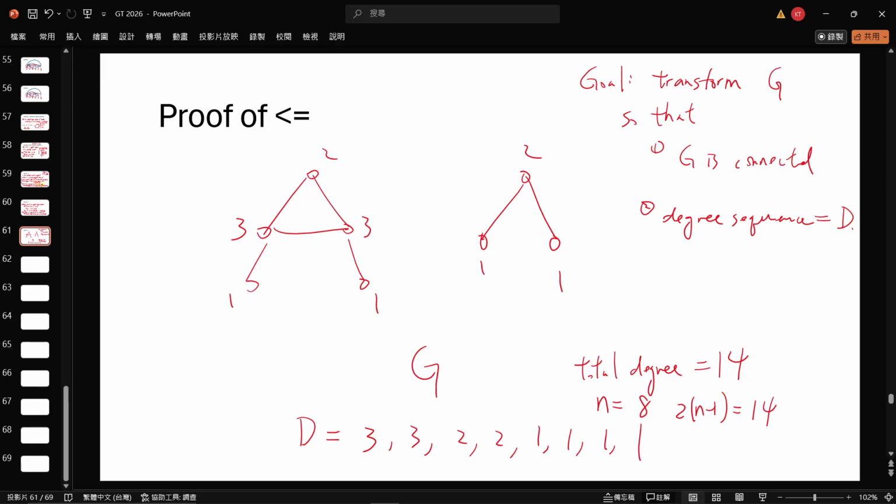So the degree sequence is not changed, meaning the degree sequence is still D, because D is our input, and we want to find a connected graph to realize it, okay?